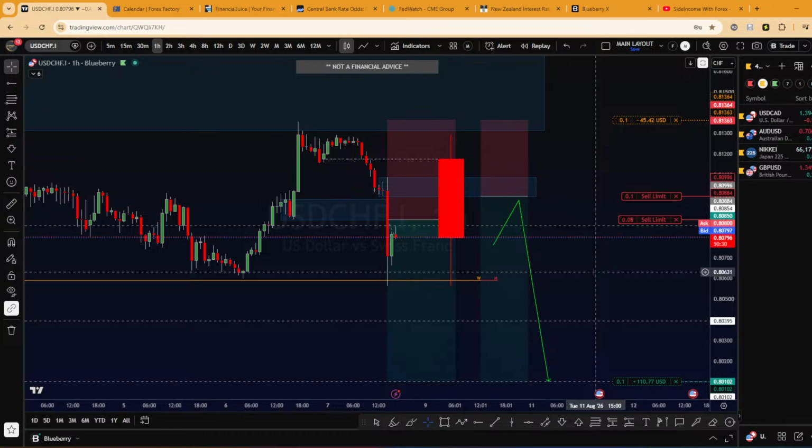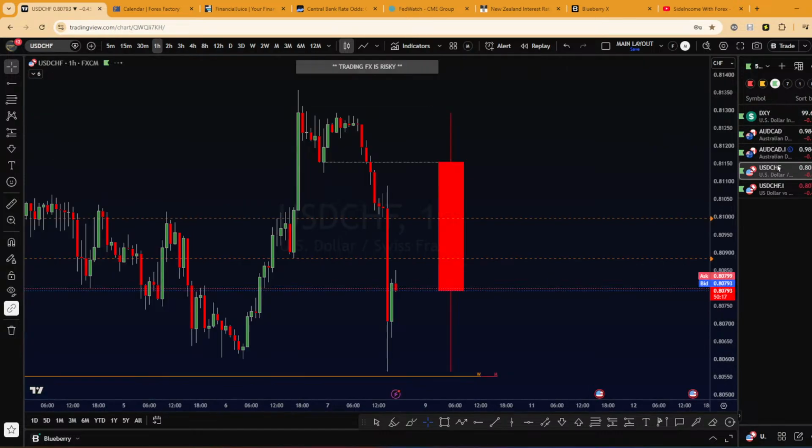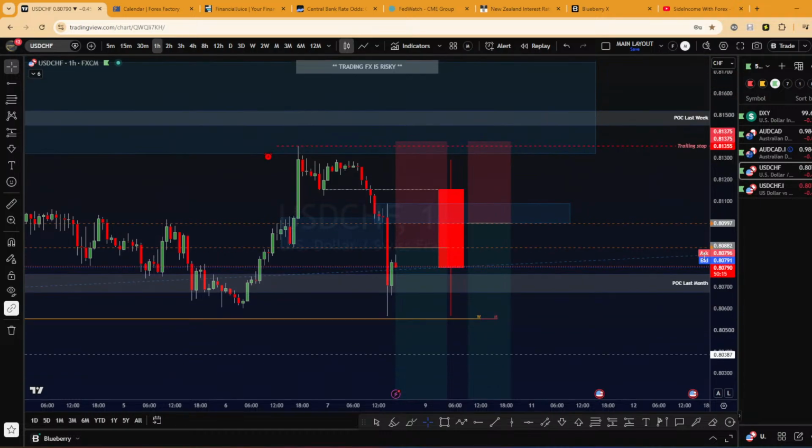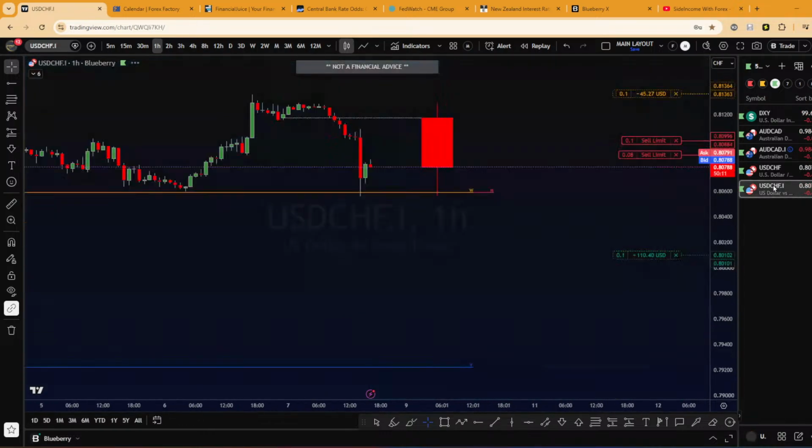I don't want to pay swap fees, all that. So I prefer to postpone potential entries to next week, and maybe take only one trade on USDCHF if I get triggered. It seems like we are not triggered yet.